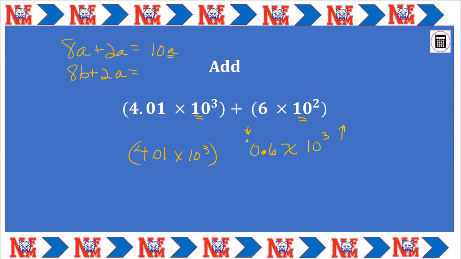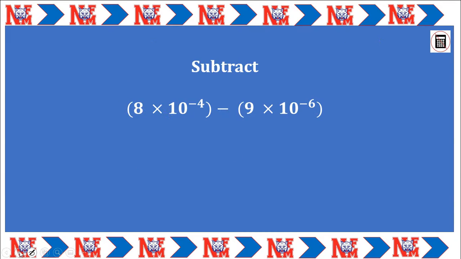And now I can add coefficients. So it's 4.01 plus, lining up decimals, 0.6. And my new coefficient is 4.61 times, and I just carry over 10 to the third. And it is written in proper notation. I do not have to make any more adjustments.